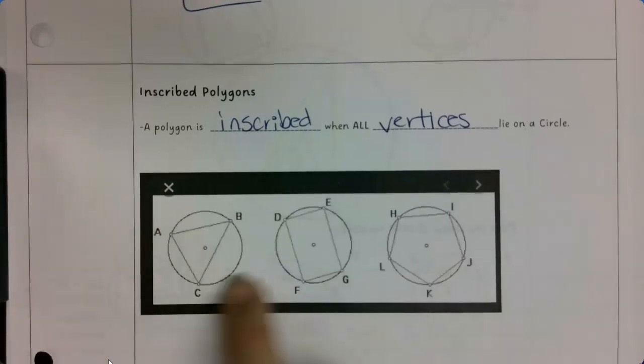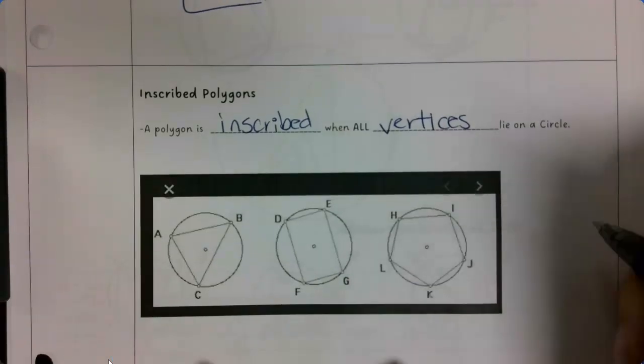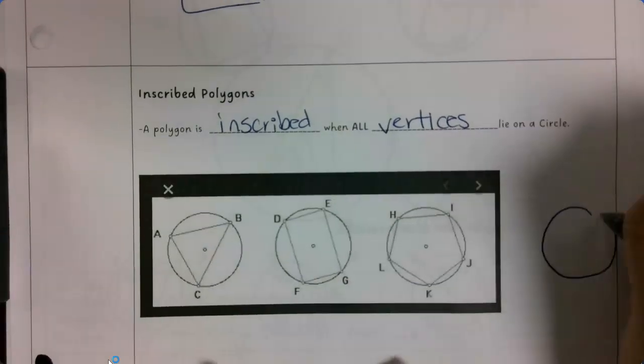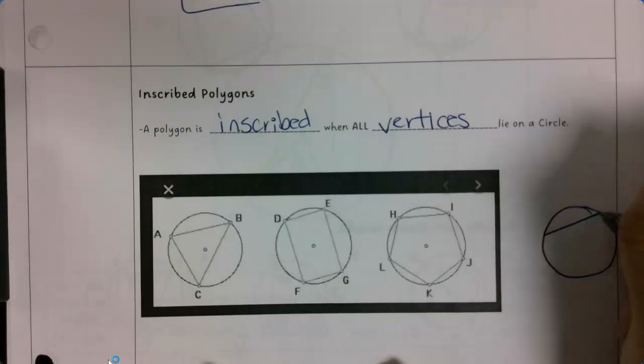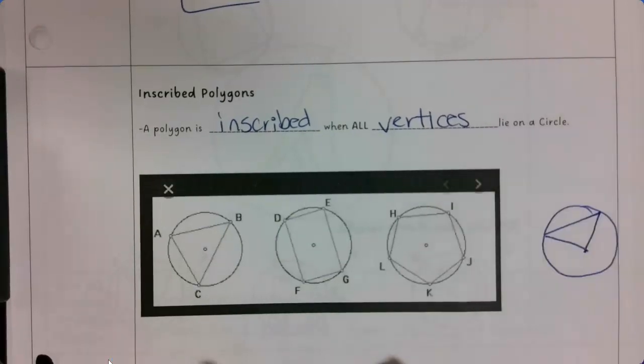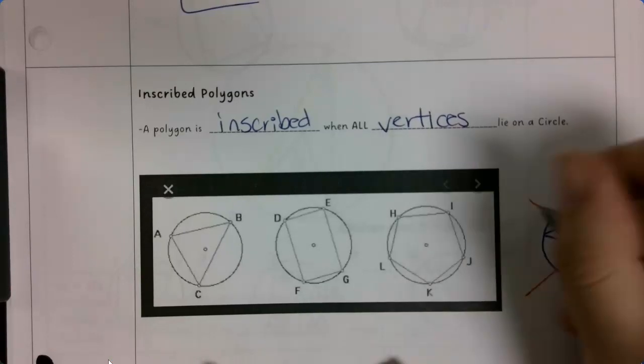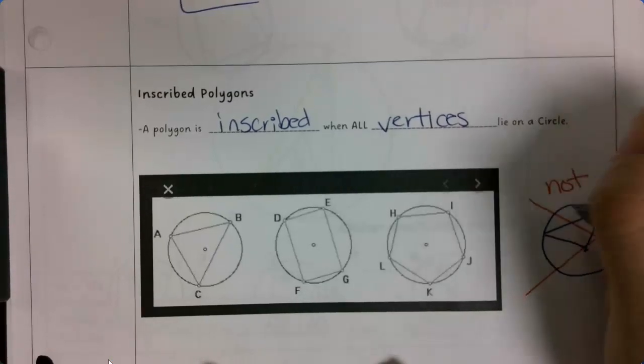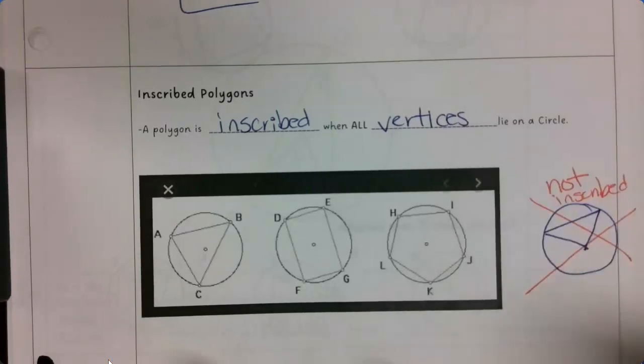Okay, so all 3 of these are inscribed. If I had something like this, this is not inscribed, because that third point of the triangle isn't touching the end.